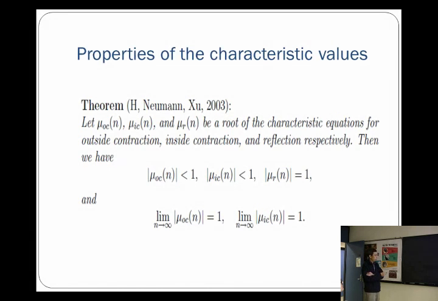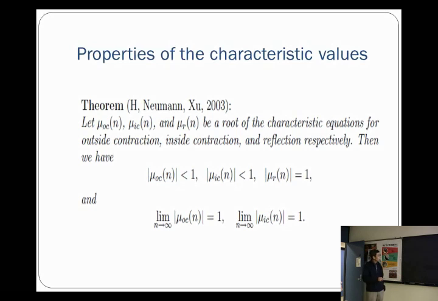Let μ_OC, μ_IC, and μ_R be any root of the characteristic equation for outside contraction, inside contraction, or reflection respectively. Then for outside contraction, the modulus of this value is always less than 1 for any n, and similarly for inside contraction. But for reflection, for any root, this modulus is always 1.